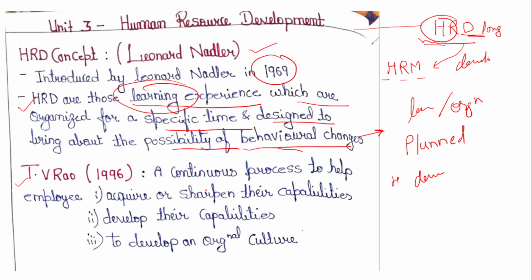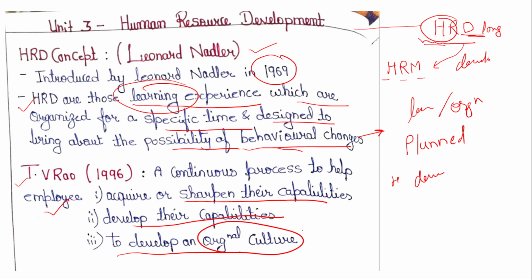The person who is called the father of human resource development in India is T.V. Rao. He introduced human resource development for the first time in 1996 and defined it as a continuous process to help employees acquire or sharpen their capabilities, develop their capabilities, and develop the organizational culture.